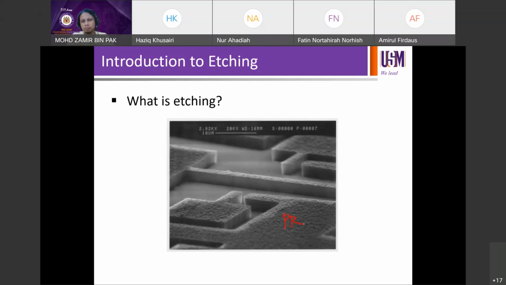PR remaining. Okay, so this most open area, the PR is removed. If you're talking about positive resist, that means the area removed will be the soluble area, the exposed area. Okay, so if the resist is coated on oxide, on a very thin layer of oxide on silicon, then the open areas should be the oxide.